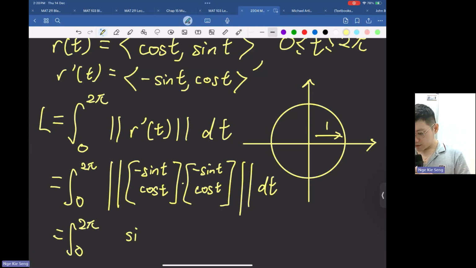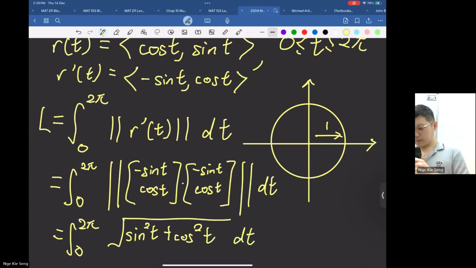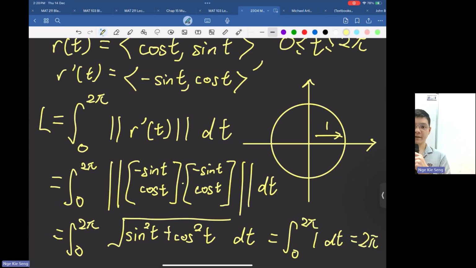So here we get sine squared t plus cosine squared t, and then take the square root. But sine squared t plus cosine squared t is just 1, and the square root of 1 is still 1. So integrating 1 from 0 to 2 pi, you get 2 pi. Make sense?